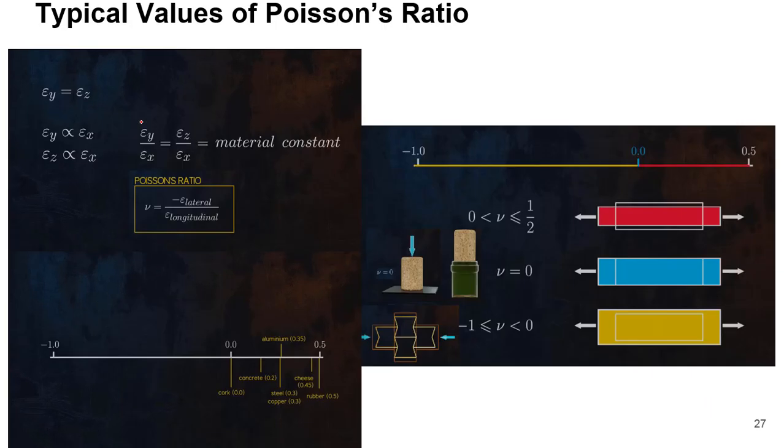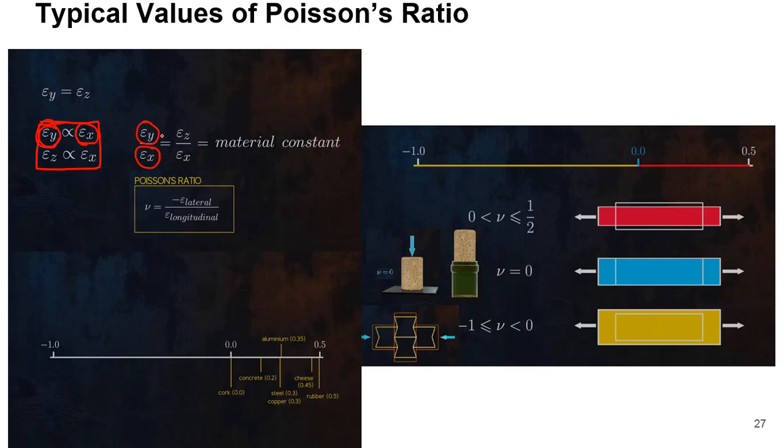Now this is Poisson's observation: the strain in the lateral direction is proportional to the strain in the longitudinal direction, and this ratio does not change during the deformation. So epsilon y by epsilon x is a constant.